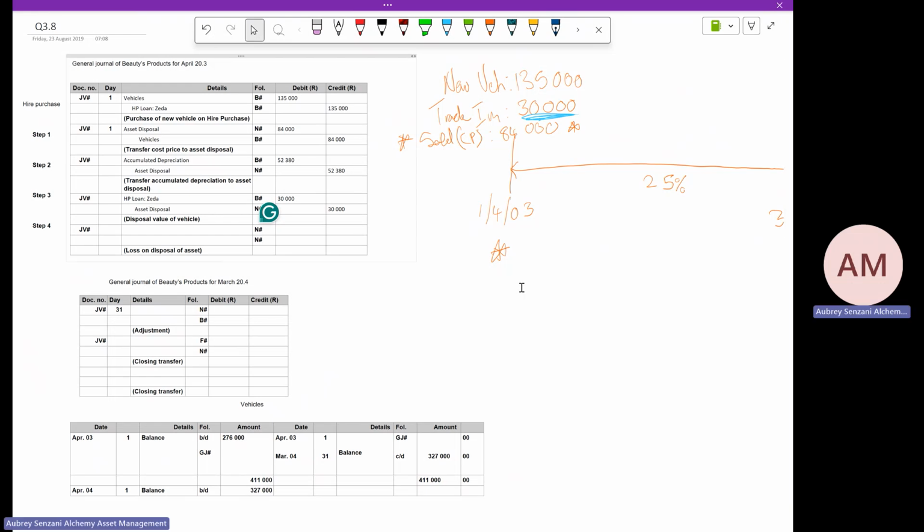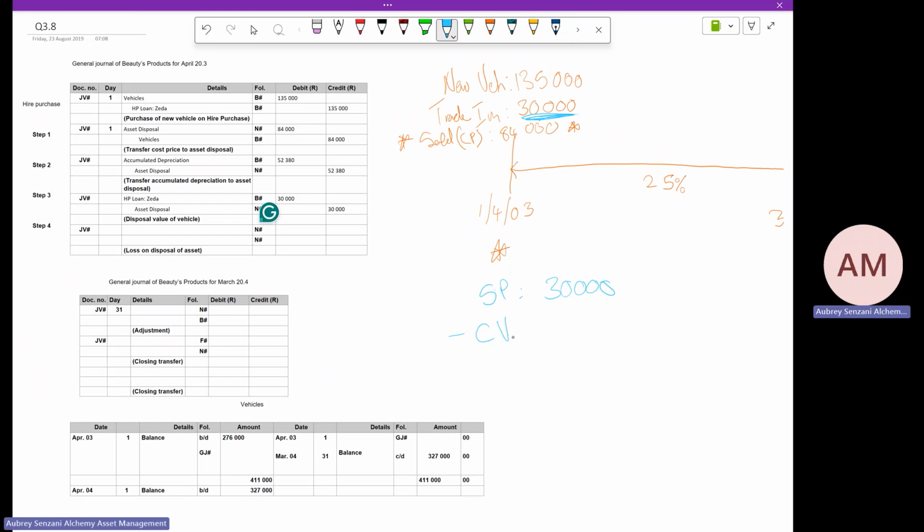How do you calculate that? This you would not yet have seen, but you will see it in the homework that I am giving you tomorrow morning. To find out whether you made a profit or a loss on the sale of the asset, you would say selling price, the price that you sold for, which in this case is 30,000, in other words the trade-in value, minus your carrying value.